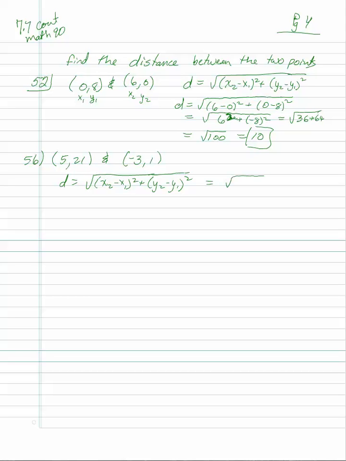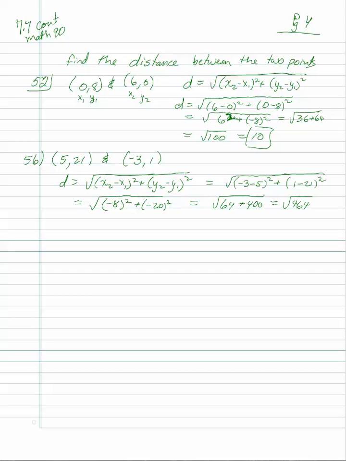So let's see, we're going to get negative 3 minus 5 squared plus 1 minus 21 squared, which gives us negative 8 squared plus negative 20 squared, 64 plus 400, 464.